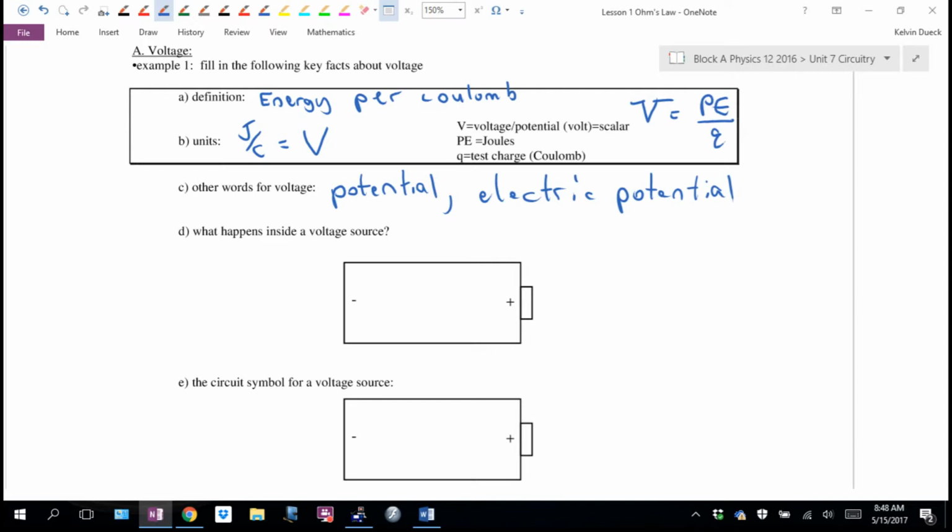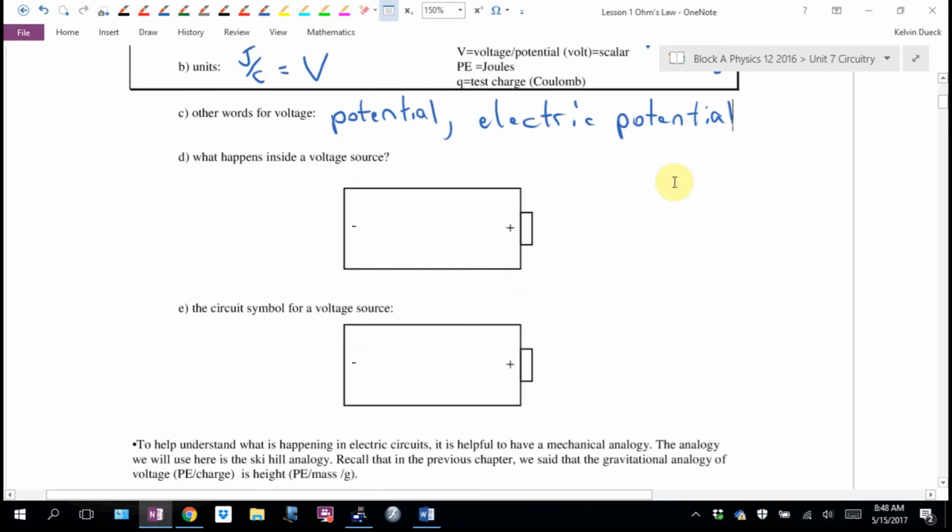What happens inside a voltage source? Well, in a voltage source, work is done separating charges.